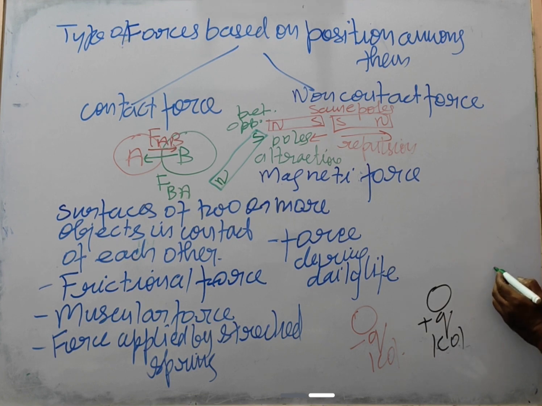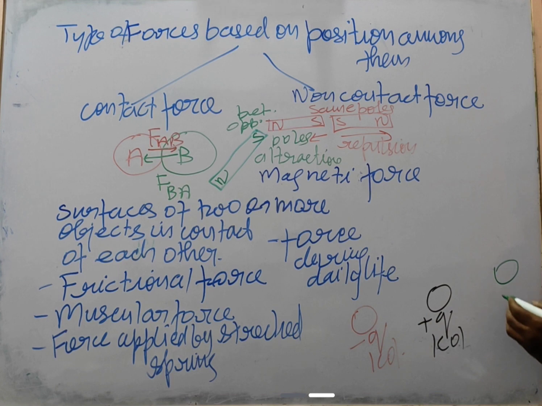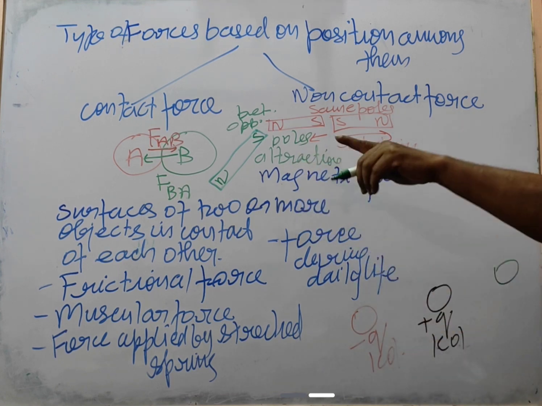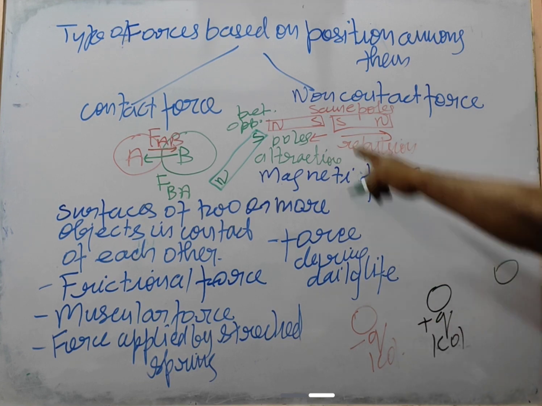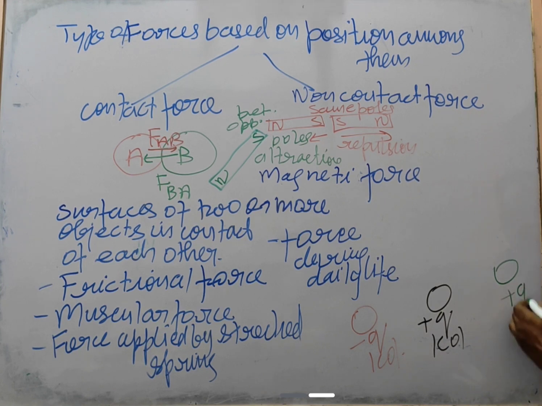And there is another charge. They are not in contact, they are away from each other. Here A and B were in contact, but here these magnets are not in contact. So this has plus Q, this has plus Q, 1 coulomb charge.